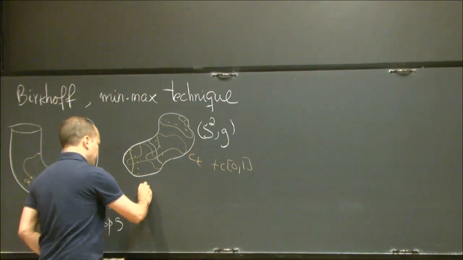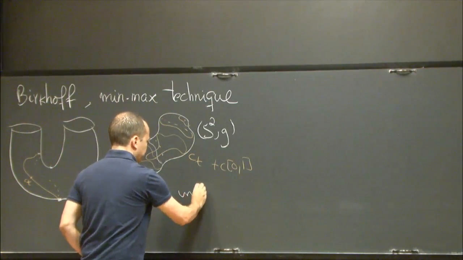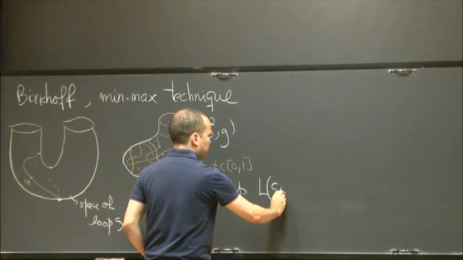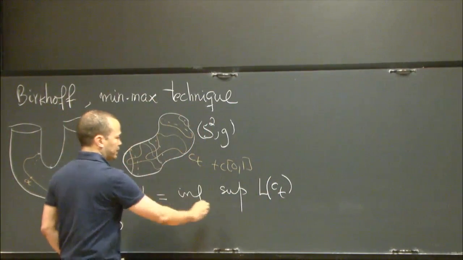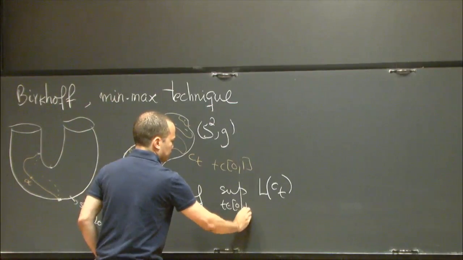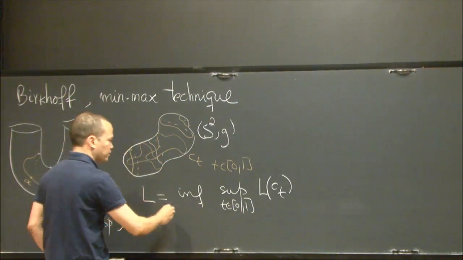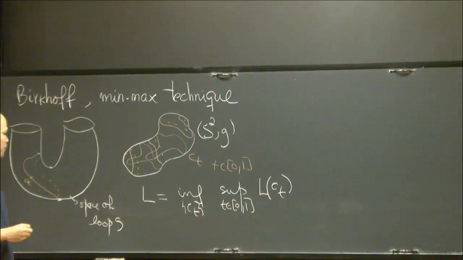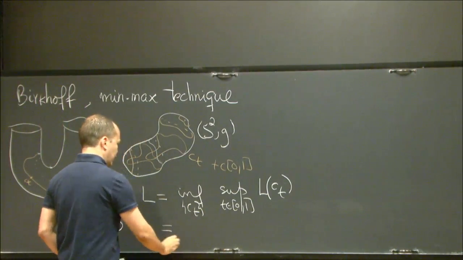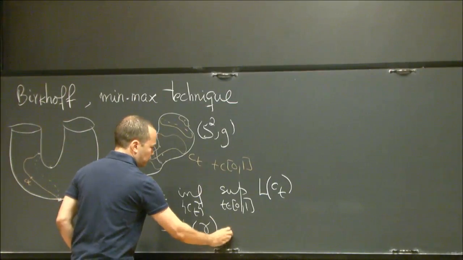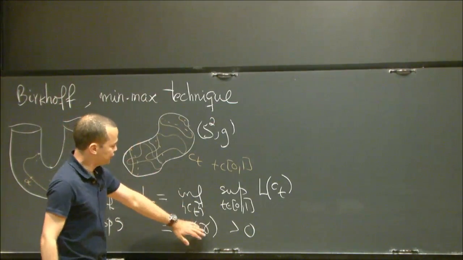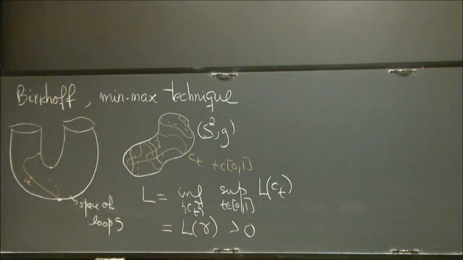You define this number L, the minimax: first you take the sup of the length over this family, and then you minimize over all sweepouts. One can see that this number is positive and is actually the length of some non-trivial closed geodesic. So the answer to Poincaré's question is yes, every Riemannian sphere contains a closed geodesic. You can do it this way.